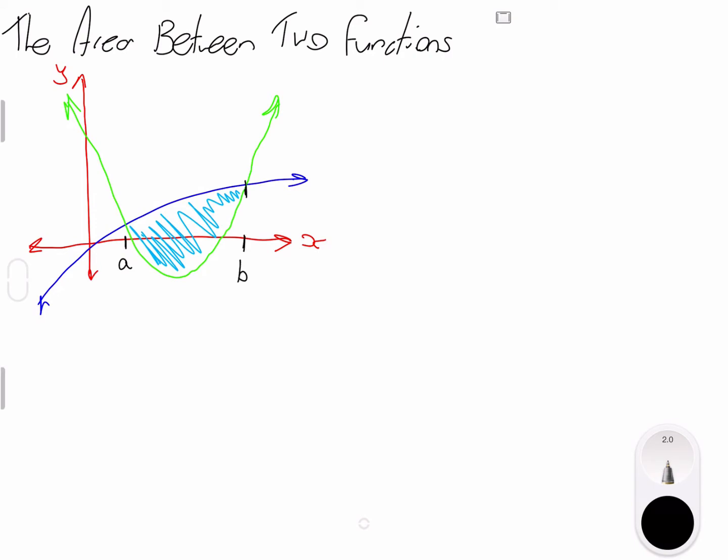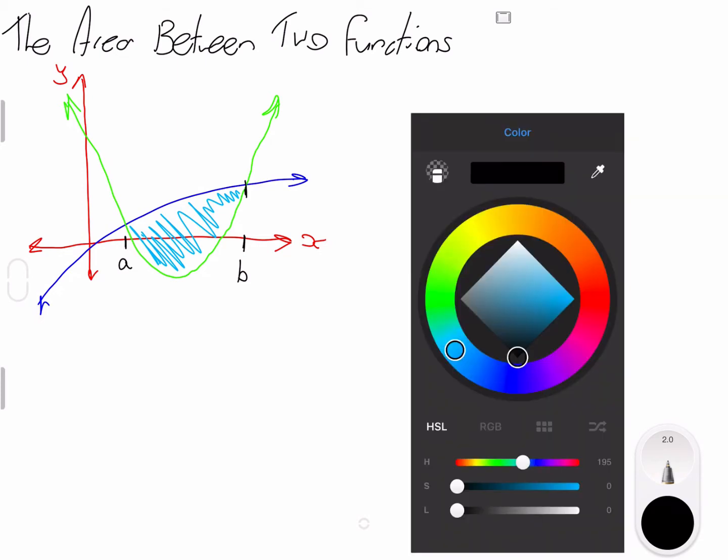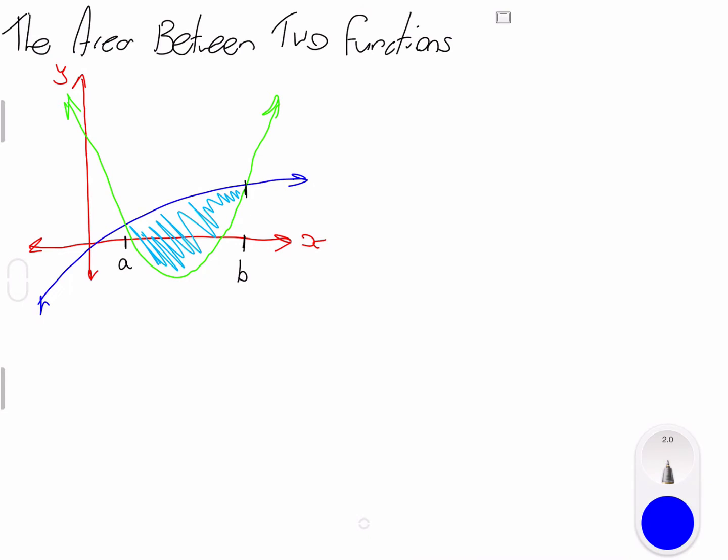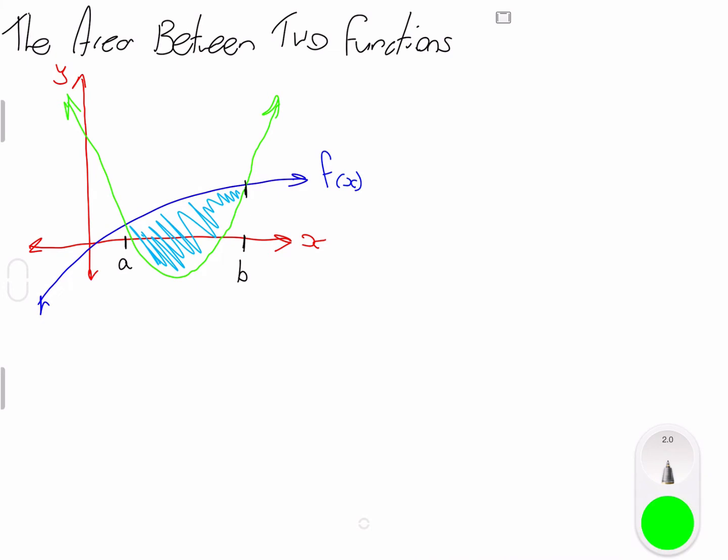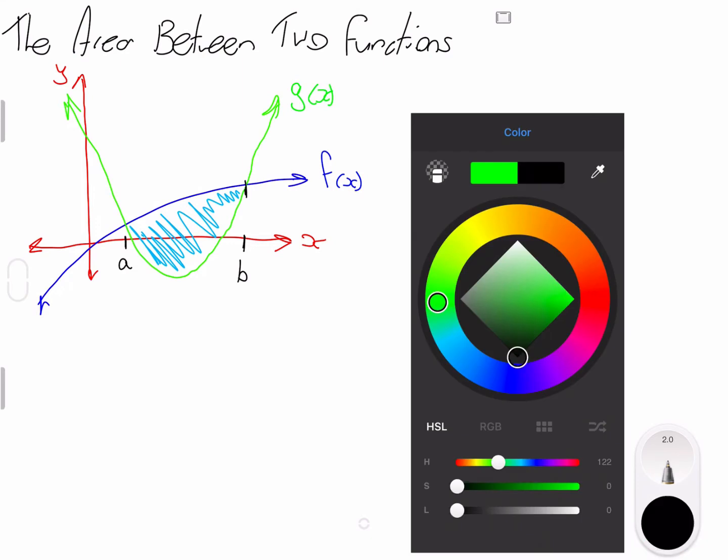So how do we actually work out what these two functions here are? Well, let's first give these functions some names. So the blue one we're going to call f of x, and the green one we're going to call g of x.